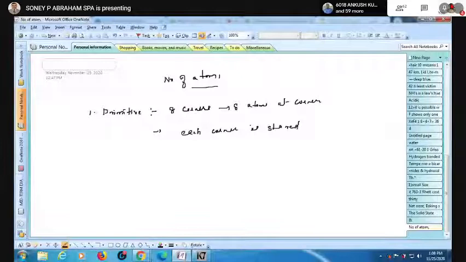Each corner is shared by 8 unit cells. If you imagine, or if you look at the room in which you are sitting, you can see that one corner can be shared, 4 in the same floor, 4 in the upper floor, by 8 unit cells. Okay.